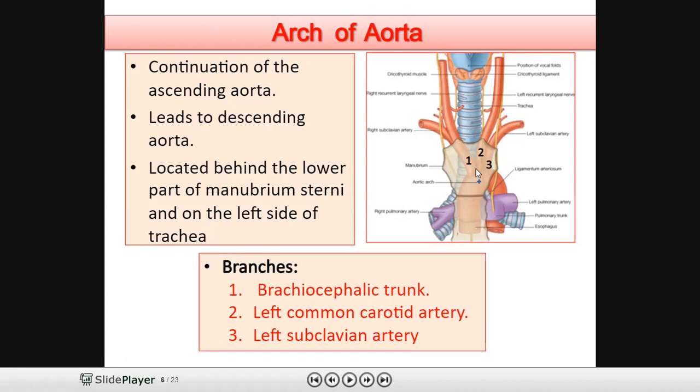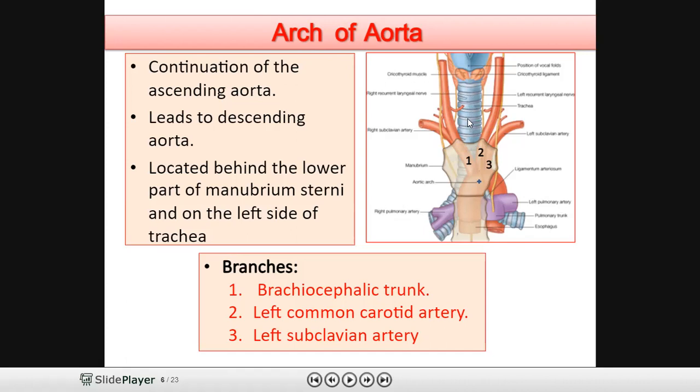So anatomically, if they ask you where is the location of the arch of the aorta, you would say the arch of the aorta is located behind the manubrium sterni, or the manubrium of the sternum, and on the left side of the trachea. This is the trachea here, this air pipe or wind pipe.